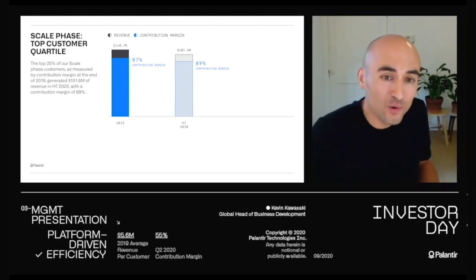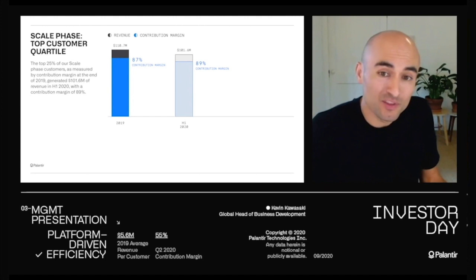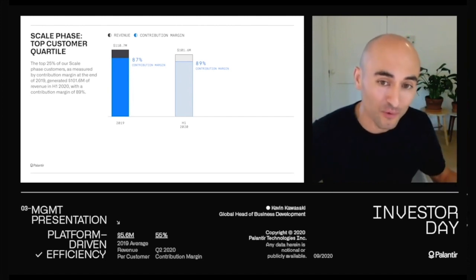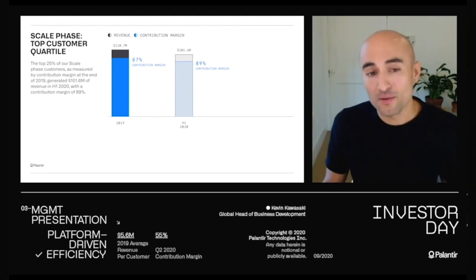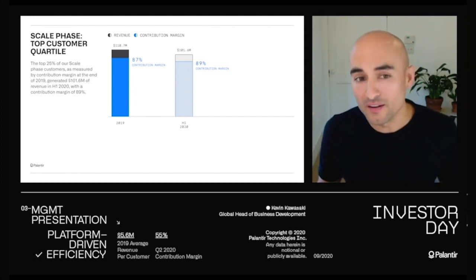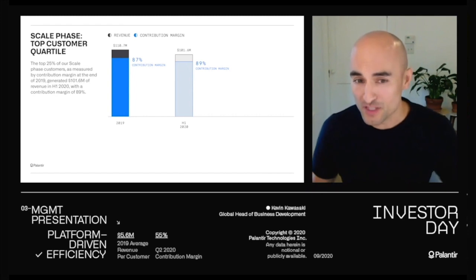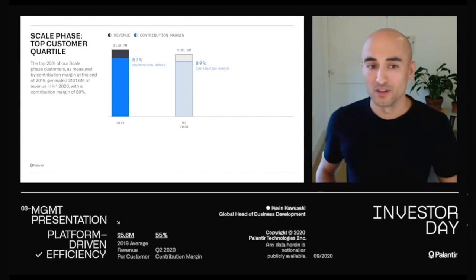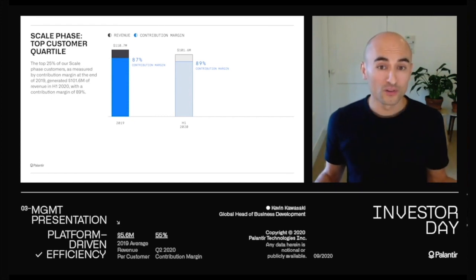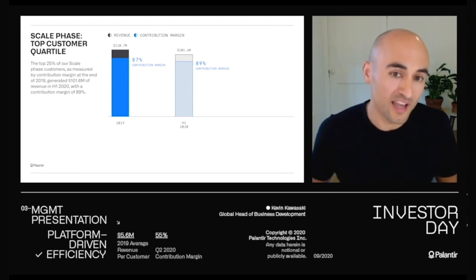Cost of revenue is cut in half in the scale phase, and while all that is happening, the revenue itself is growing exponentially. So you can see what we're striving for, what is possible with accounts when we leverage the platforms and continue to invest our R&D dollars. Our objective is to make the acquire and expand phases as short as possible so we can grow the scale phase accounts. When we look at this as a whole, all customers should be scale phase over time.